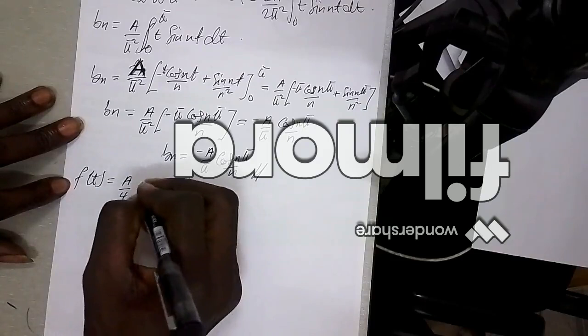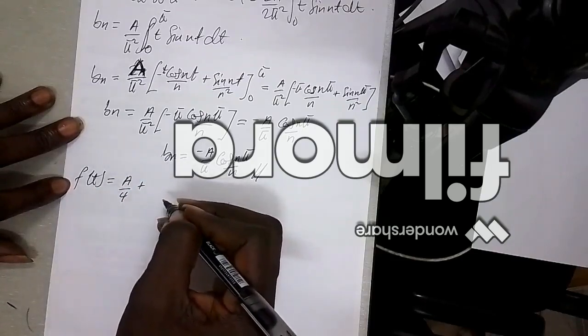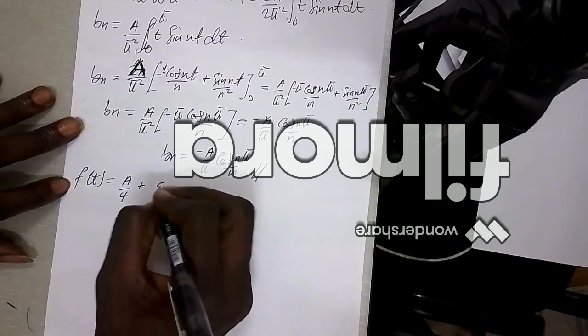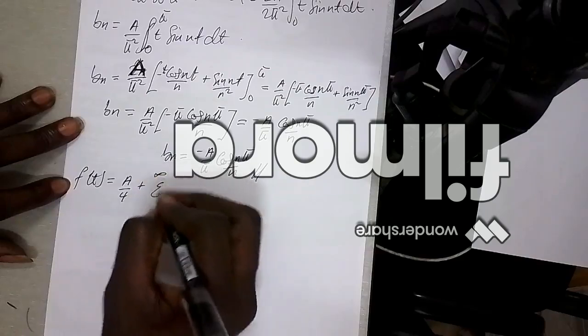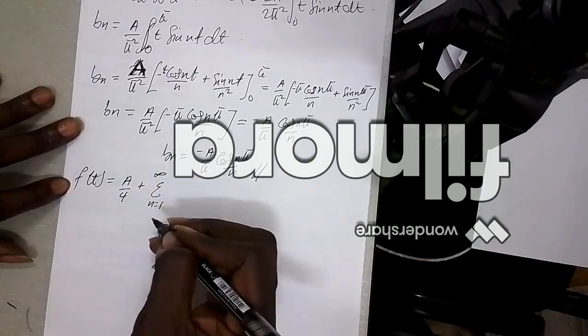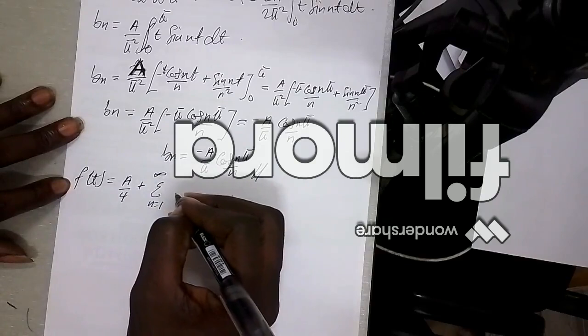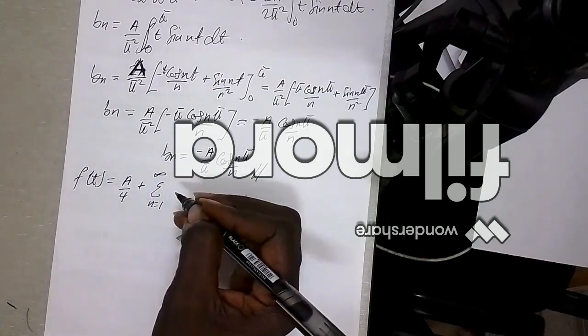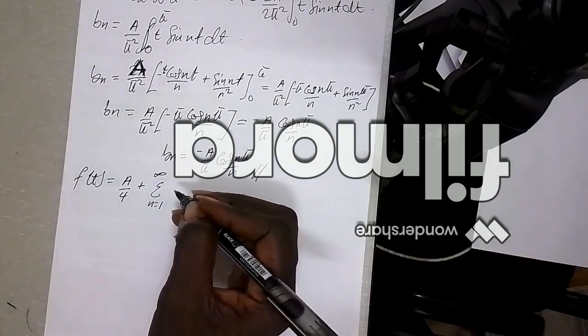A on 4, plus our an. So summation up to infinity from n equals 1. What was my an?